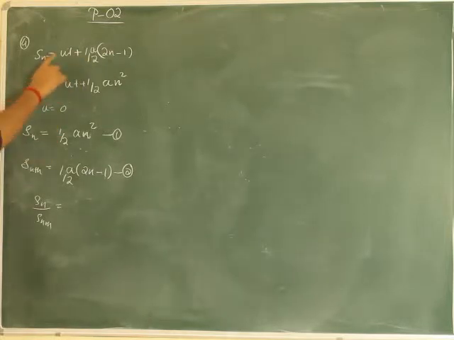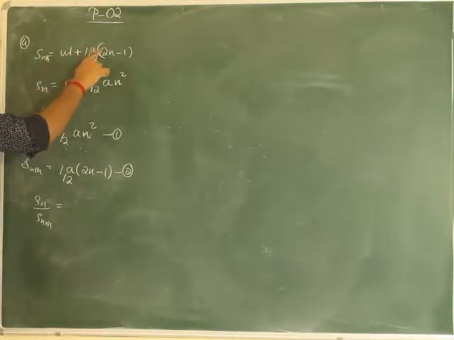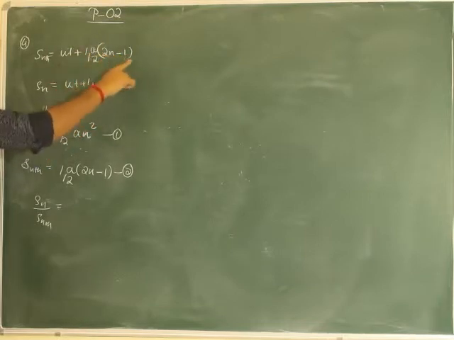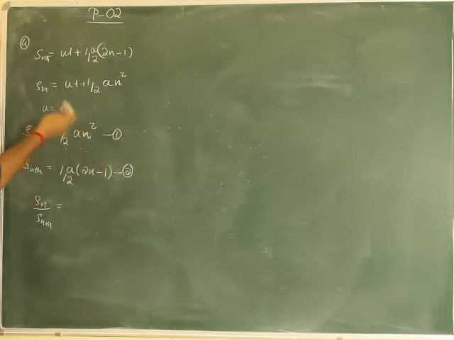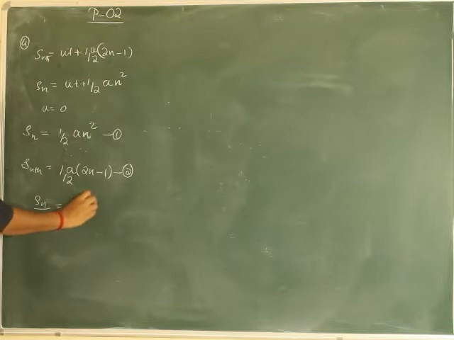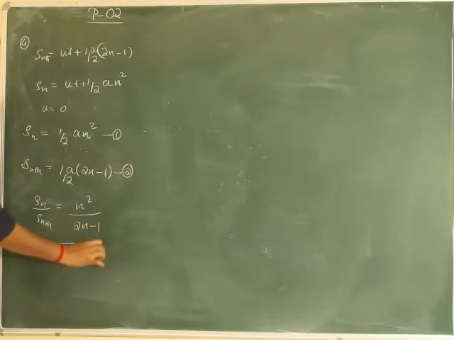In the nth second formula it is half into a into 2n minus 1. Here also a is there. The place of n square, here it is for n seconds. That is why it is 2n minus 1. So by equating these two, equation 1 divided by equation 2 gives you what? The remaining thing is n square divided by 2n minus 1.